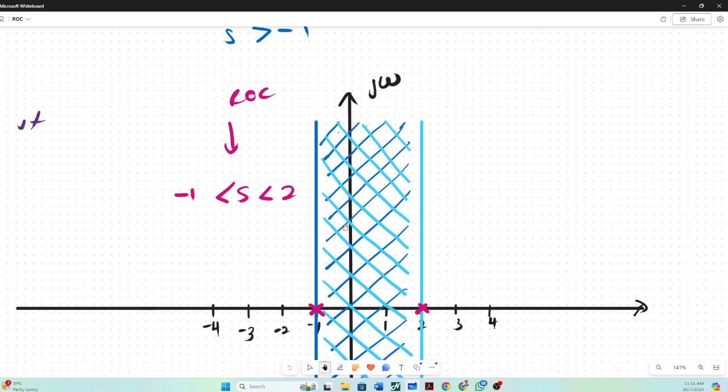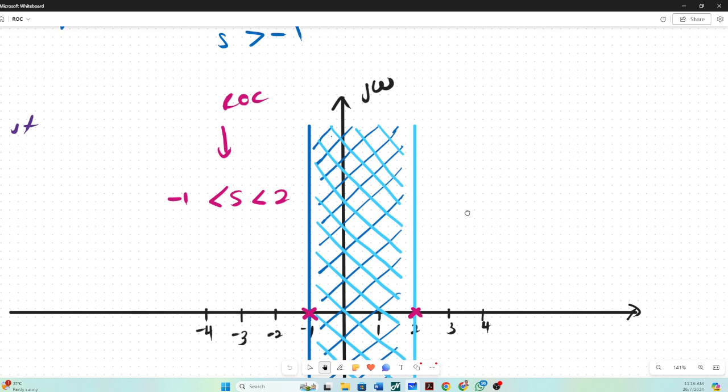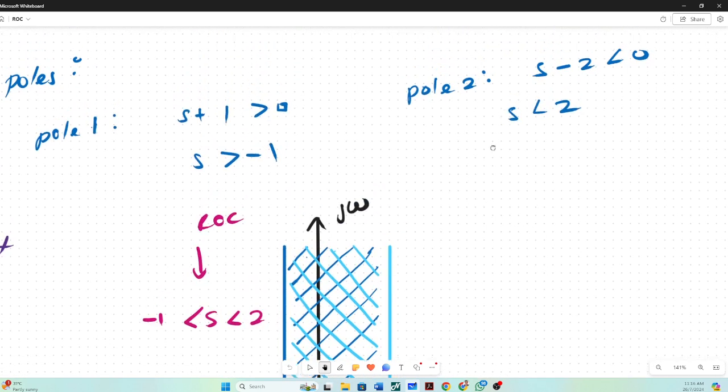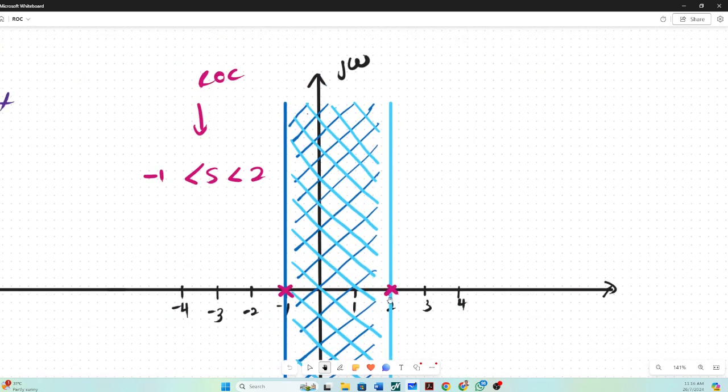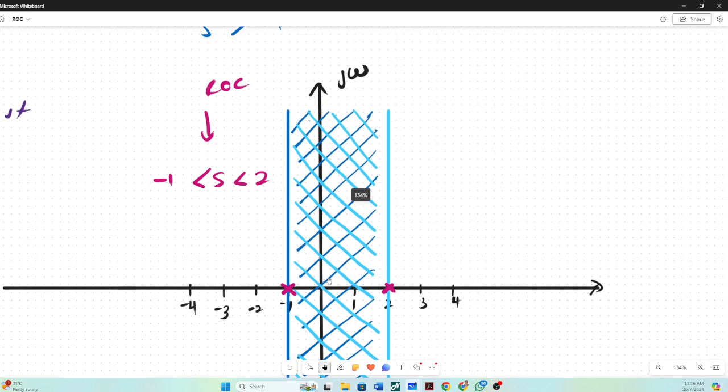The shaded area cannot overlap the next pole, so it stops there. Then for the second pole, s is less than 2, so we shade the other area, not touching the minus 1 pole. So we stop here.